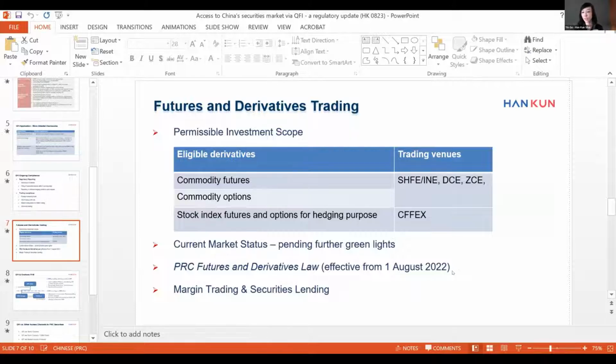And also, interestingly, in the law, it is expressly provided that this piece of law applies to futures transactions, derivative transactions, and the related activities conducted within mainland China and also outside mainland China, which may disrupt the domestic market order or damage the lawful interests of domestic traders. So we note that this law has provided some extraterritorial effect.